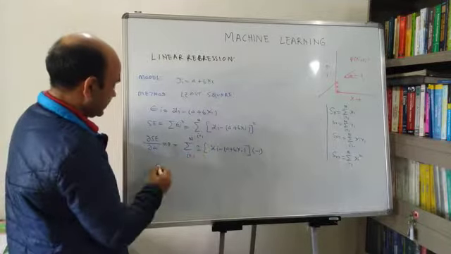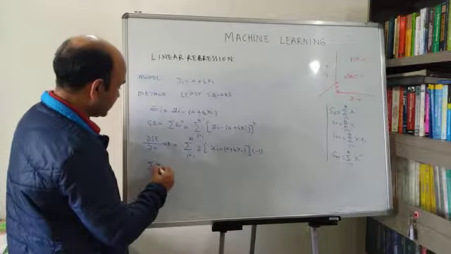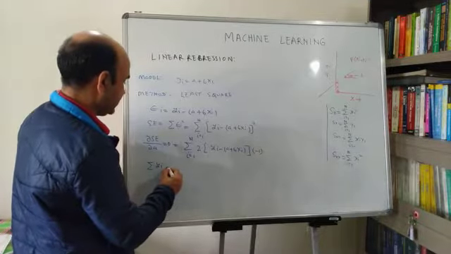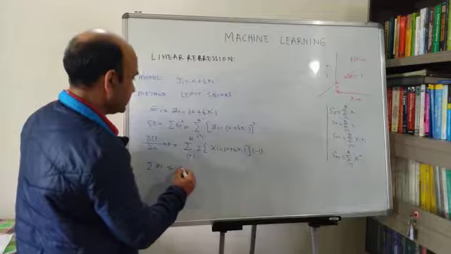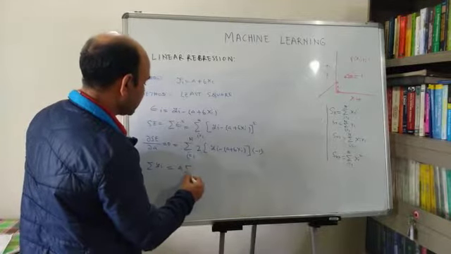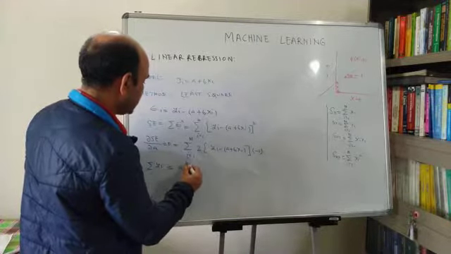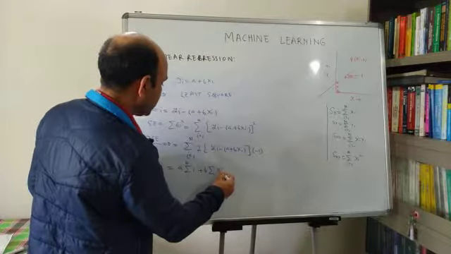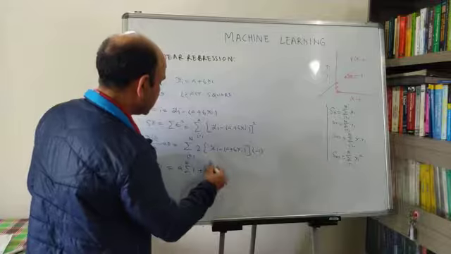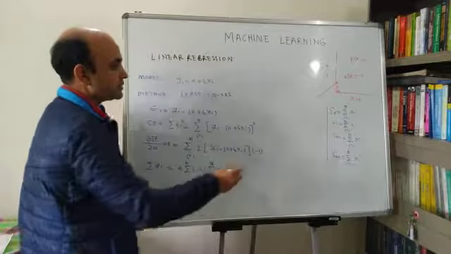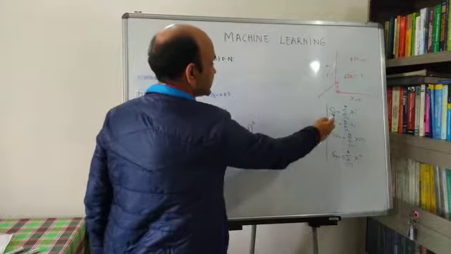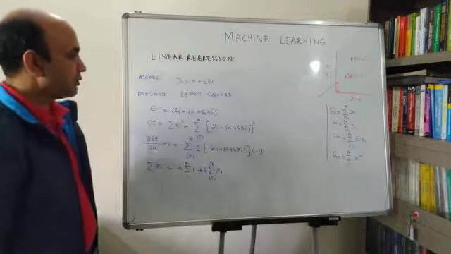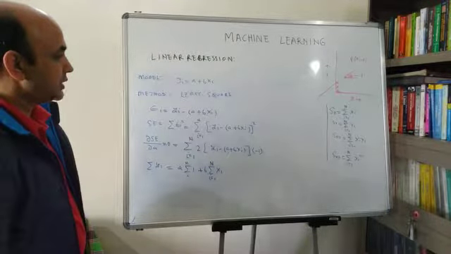So we can further simplify it. The summation of yi is equal to a times the summation of 1, i from 1 to n, plus b times the summation of xi, i from 1 to n. Now we will use the definition that the sum of xi is represented by sx, the sum of yi by sy, and so on.